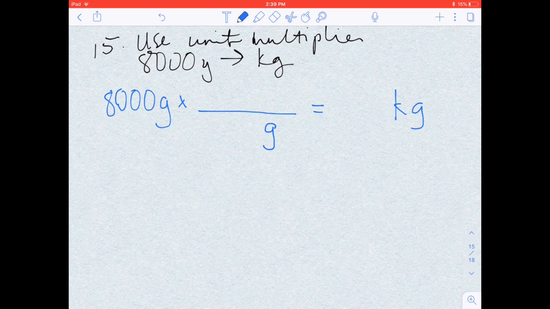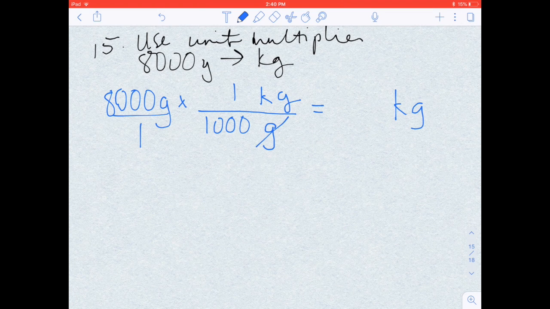That's what I know I end with. So I know I have to put kilograms here. It's going to be my new unit. So I want my grams to cancel out, so that's why grams are on the bottom, because they'll eventually cancel out. I can put a 1 over here to help me remember that. So how many grams are in 1 kilogram? It's 1,000.